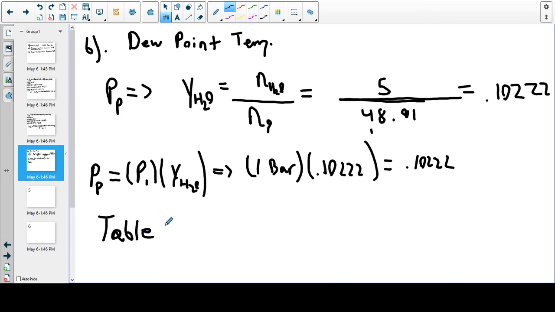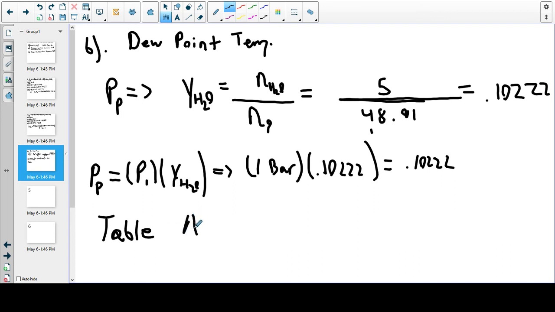And so the next part of this is, now that we have a partial pressure of water, we then go to the liquid water table. This table is, let me find the actual table number for everyone. It is table A2. This is the temperature table. This is the one you want to work with.